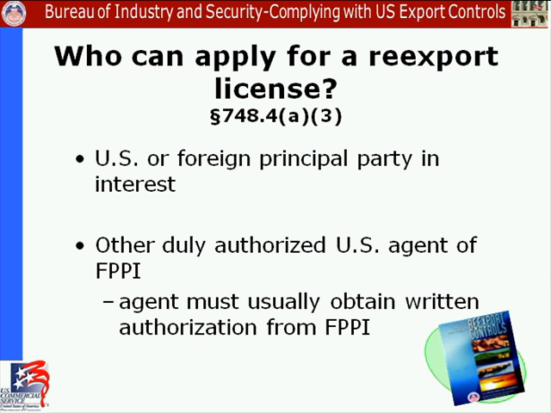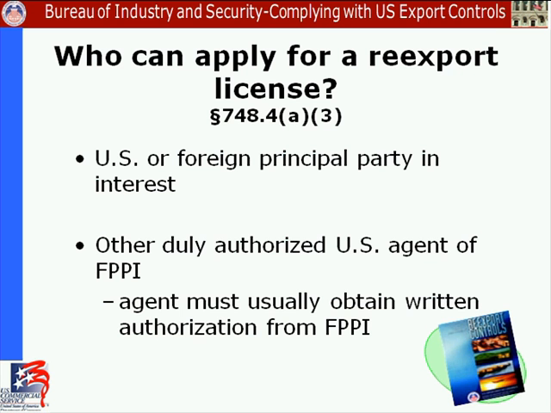So hypothetically, U.S. supplier ships to a customer in Germany. The customer in Germany is a distributor and plans to resell to a customer in Greece and Italy. Both of those transactions from Germany to Greece and from Germany to Italy would be considered re-export transactions.